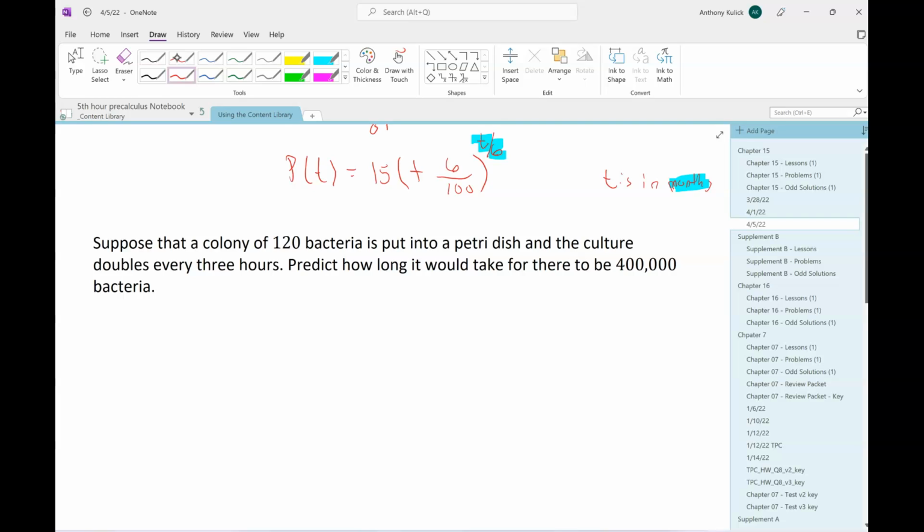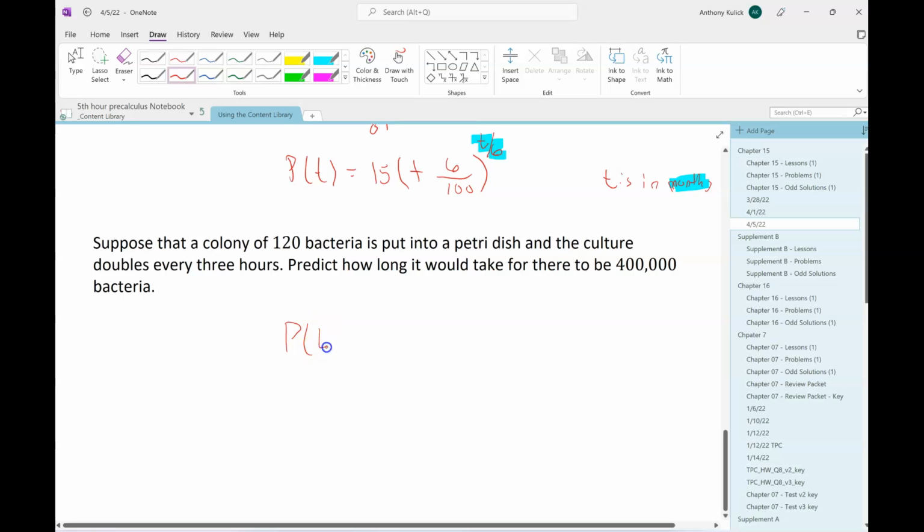First, what do we need to do? We need to make the equation. So we're going to need our model. Is this clearly a population model? Yeah, right. We're talking about some number of organisms reproducing.